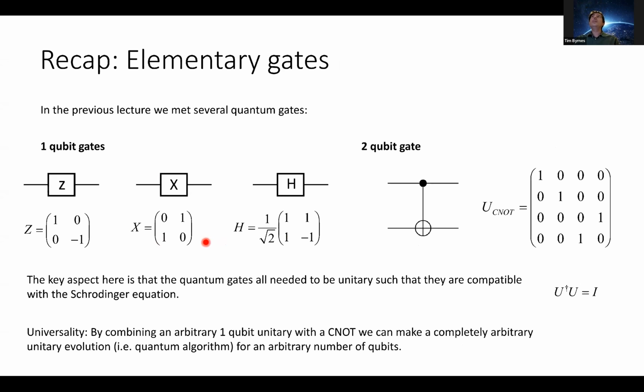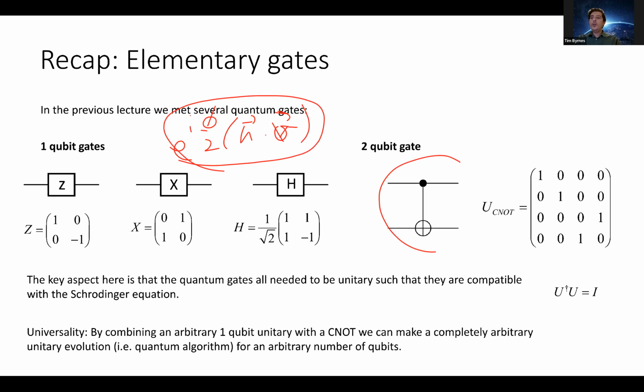Another way to say the same result is that if you have the most general one qubit rotation, the one that we had, like this one and sigma, this one, then it's definitely completely universal. So you can make any unitary rotation just from the combination of this one and this one.